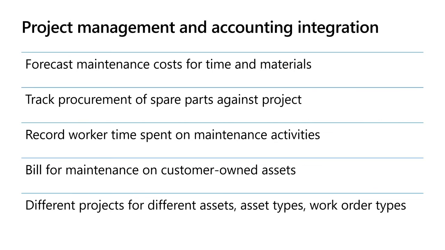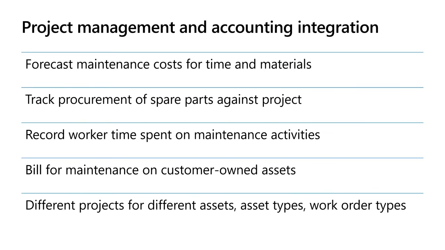So that's important because it helps us drive planned spare parts procurement instead of waiting until we're about to do maintenance to create a purchase order for spare parts. We can actually use project's functionality to forecast consumption of spare parts materials and drive procurement of those materials so they're not delaying maintenance activities.